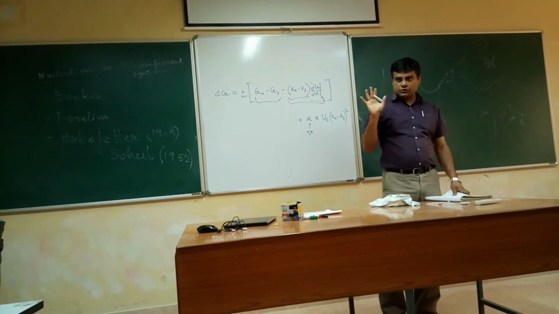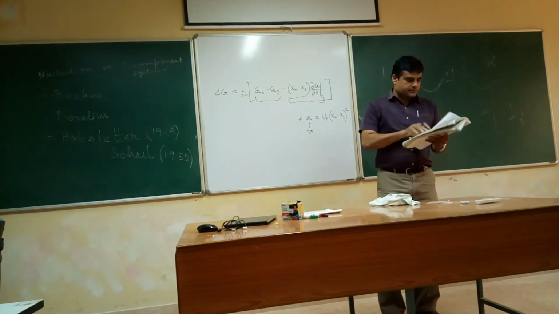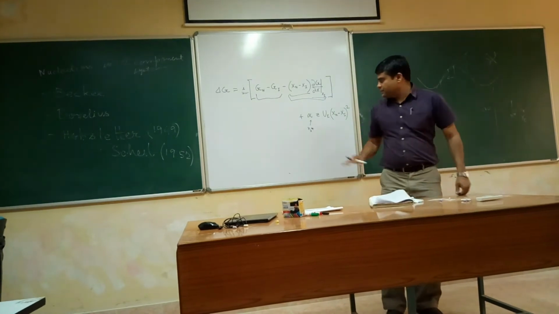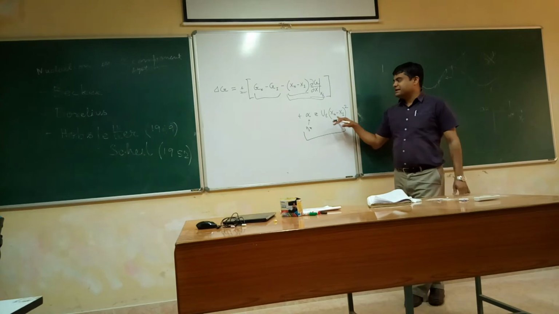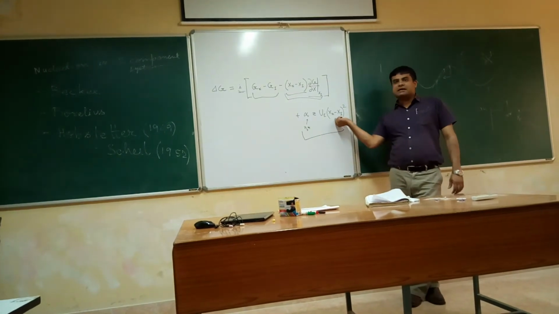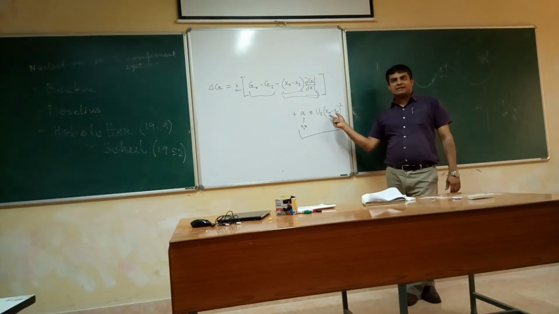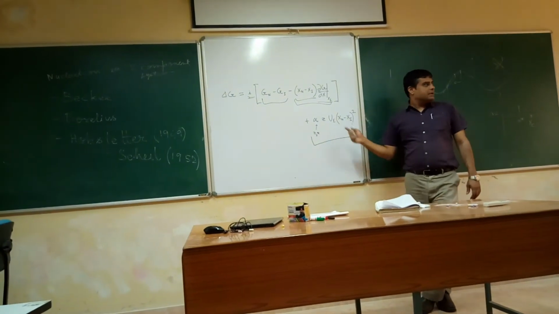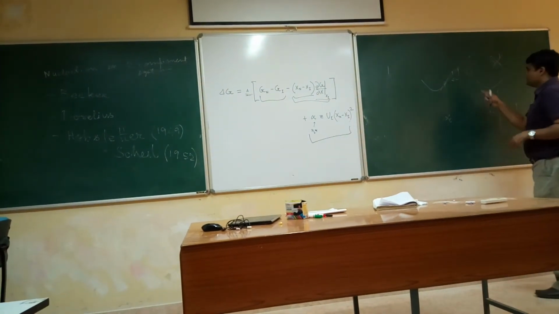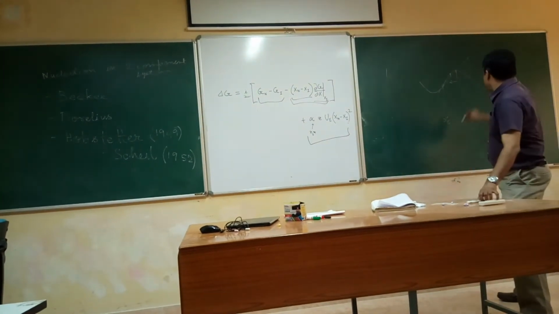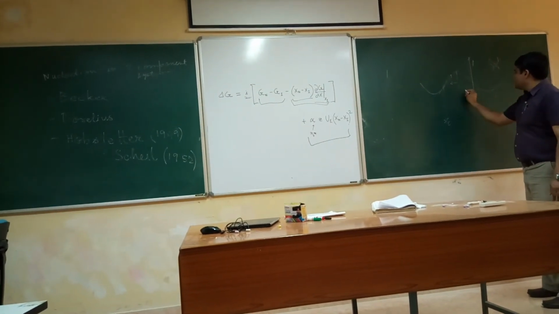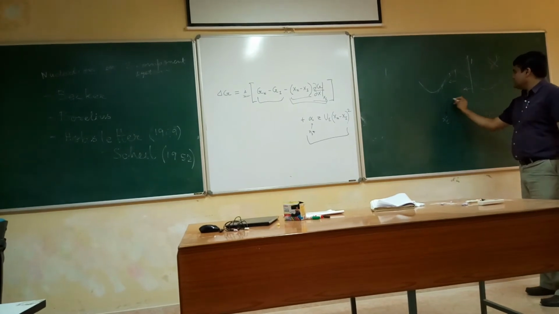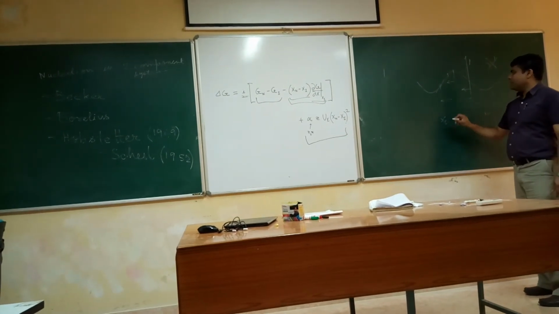It's understood. Now if you see this term, this surface energy term gets reduced as this difference comes down. So as Xn goes this side, this difference will come down and gamma will come down.